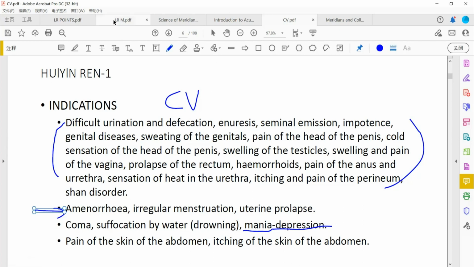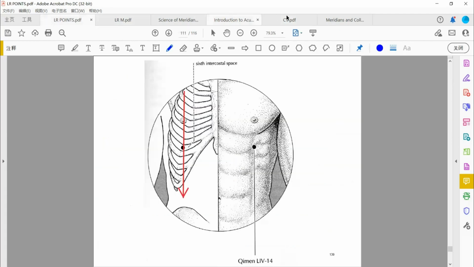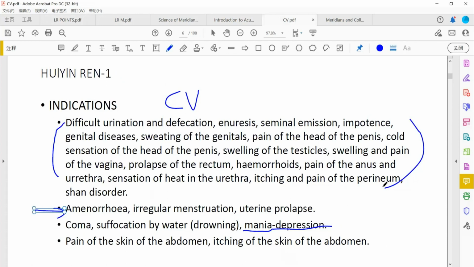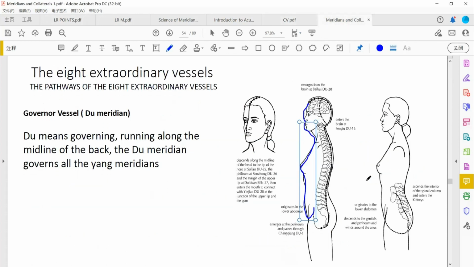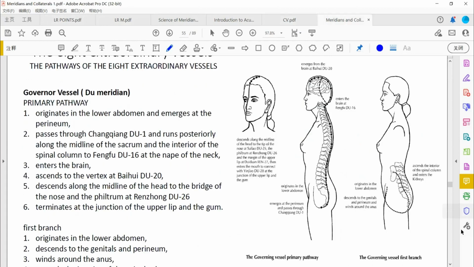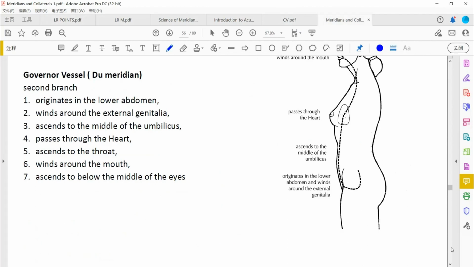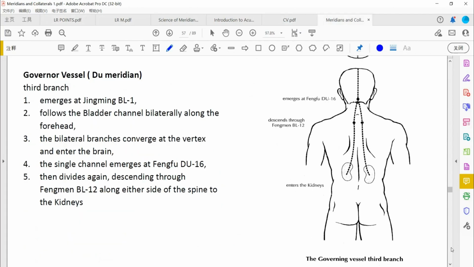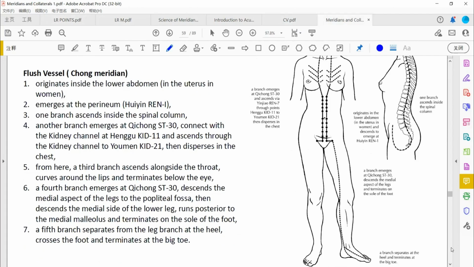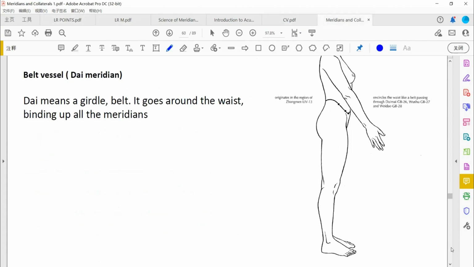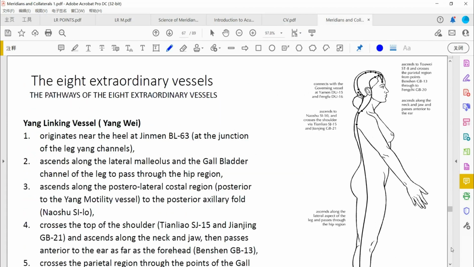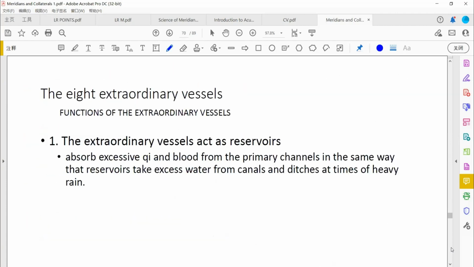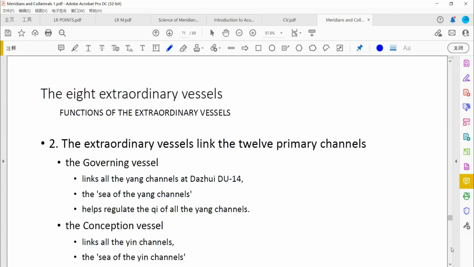So let's take a look at here to understand this one. CV, where is it? CV, right? That's the meridian. Where's the clitoris?